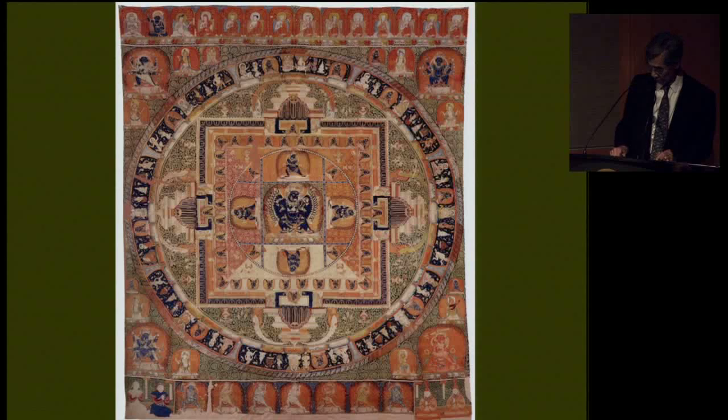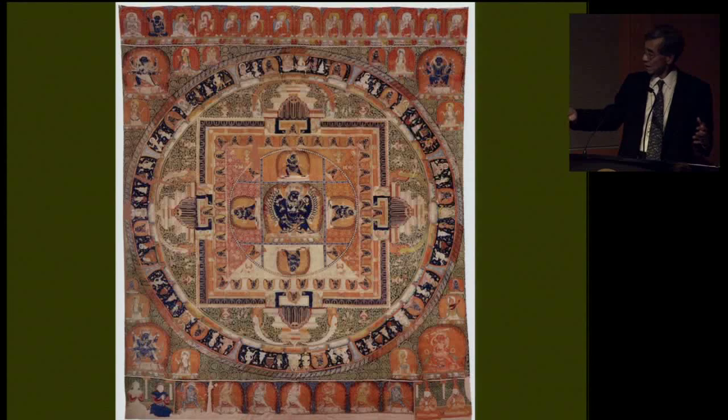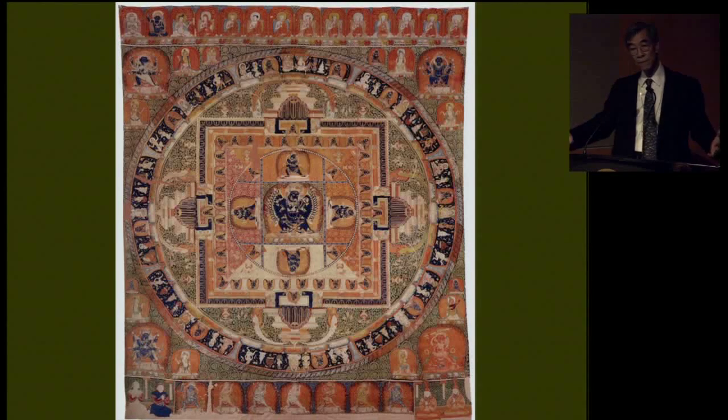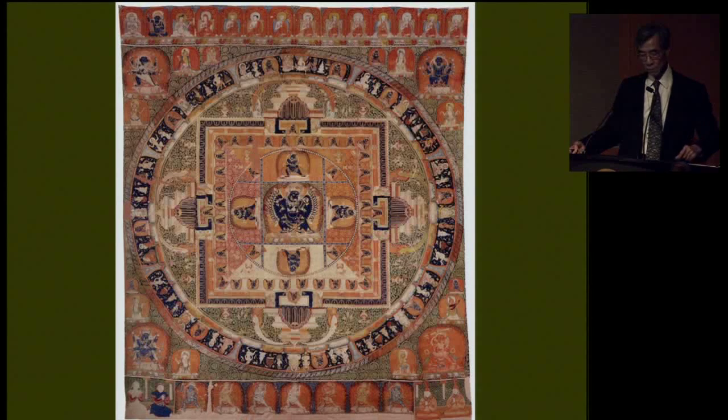And one of the dimensions is exactly the same as this big tapestry in our collection, because there are two types. One is the imperial portrait, and another is the mandala, which was woven for the initiation of Mongol emperors, because they all had to go through initiation into Tibetan Buddhism.